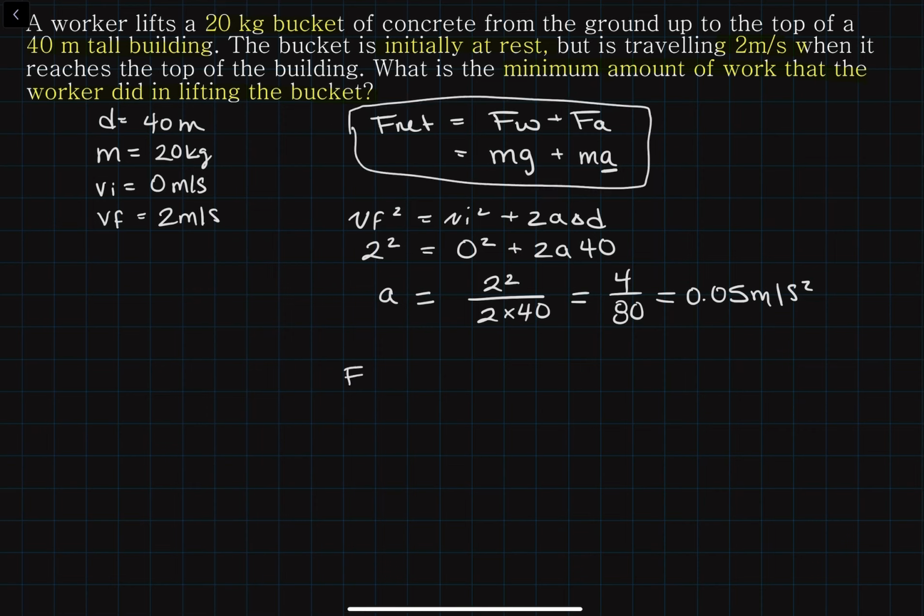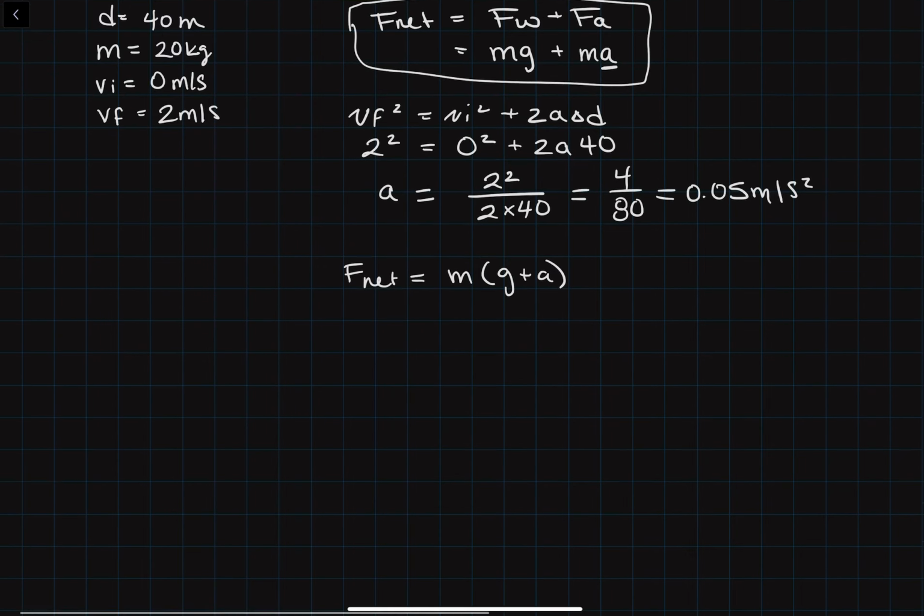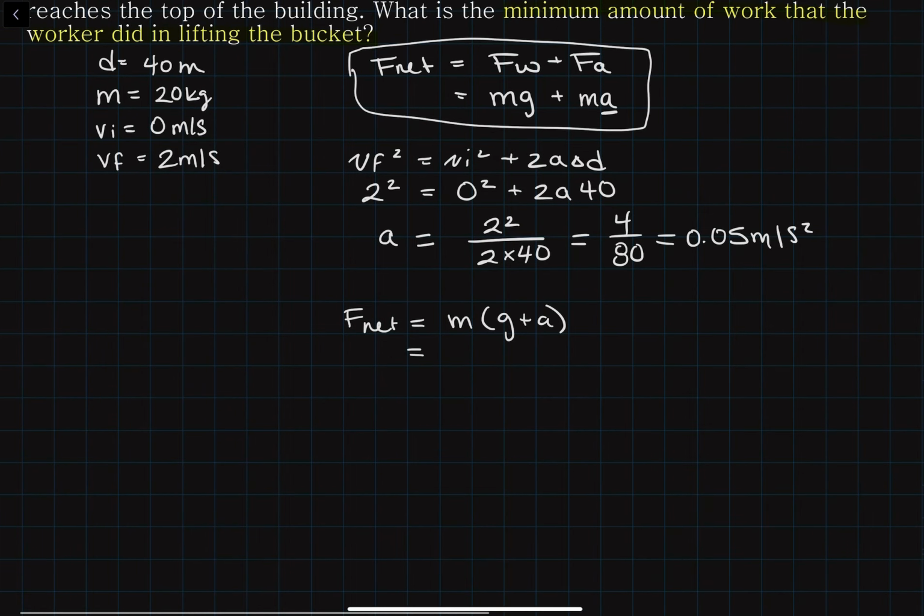So our net force is going to be equal to the mass times gravity plus acceleration, if we just condense that a bit. And then our mass is 20 kilograms times gravity, which is normally 9.8 meters per second squared, plus our acceleration, which is 0.05 meters per second squared.